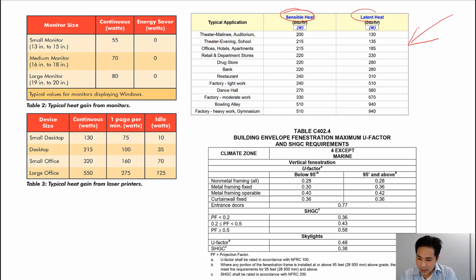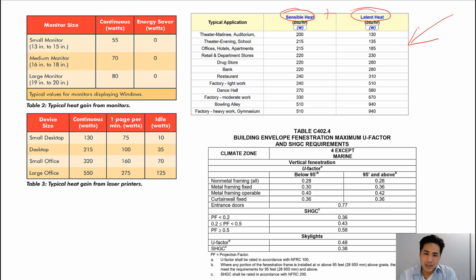And the latent heat is the heat that is being added to the air through moisture. So basically from the human sweat evaporating into the air and adding moisture to the air, we're adding latent heat to the air. And the total of these two is the total heat generated by the person.